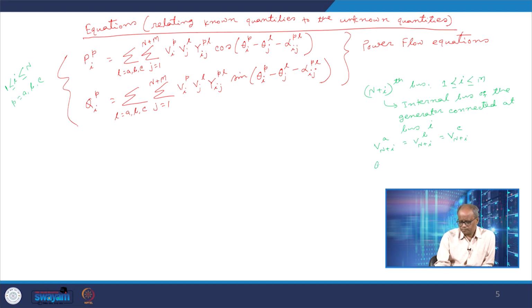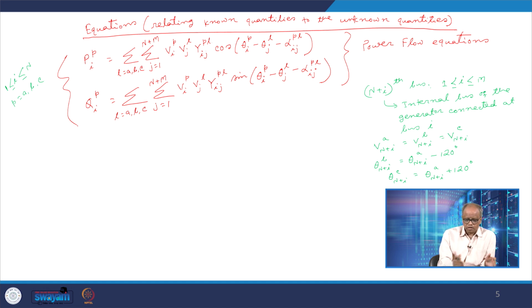And we have to know that theta n plus I B is equal to theta n plus I A minus 120 degree and theta n plus I C is equal to theta n plus I A plus 120 degree.